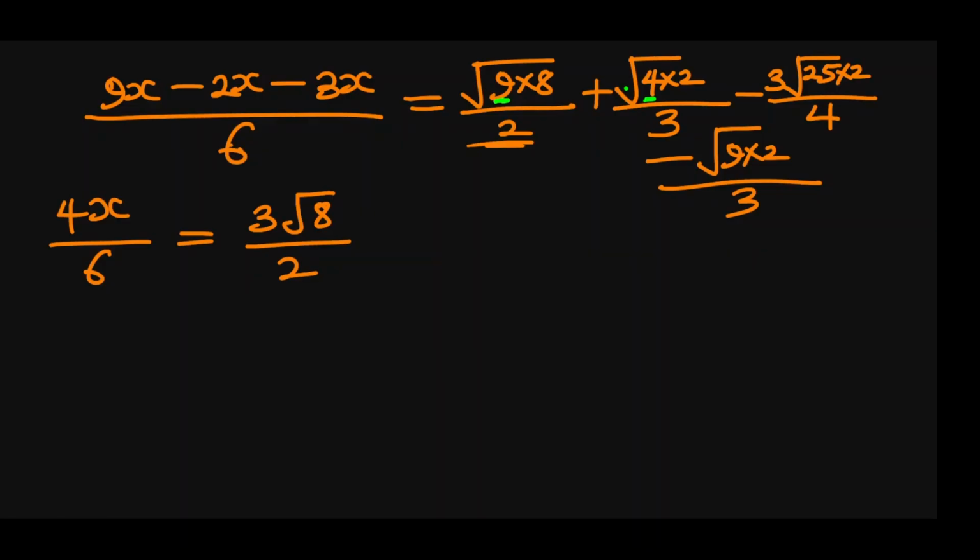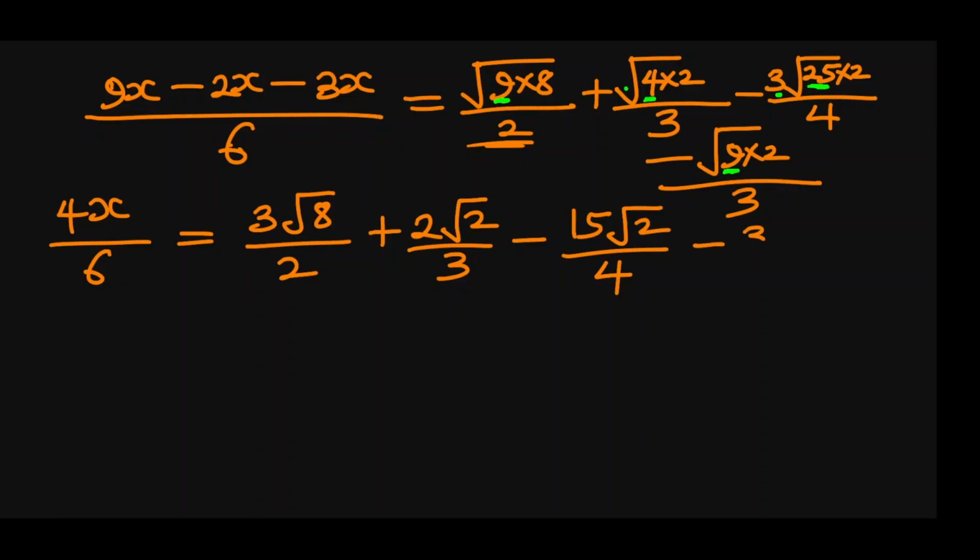So this gives us plus 2 root 2 over 3. For this one, root 25 is 5, so 5 comes out and multiplies the 3 to give us 15 root 2 minus 15 root 2 over 4. Then for this last one, the root of 9 is 3, so 3 comes out and leaves root 2. So this now gives us minus 3 root 2 over 3.